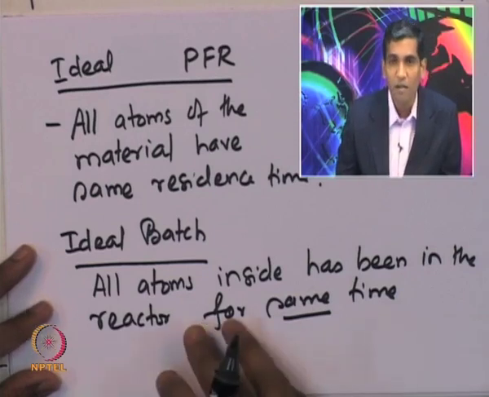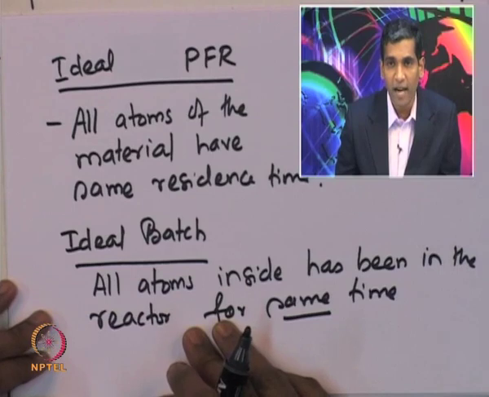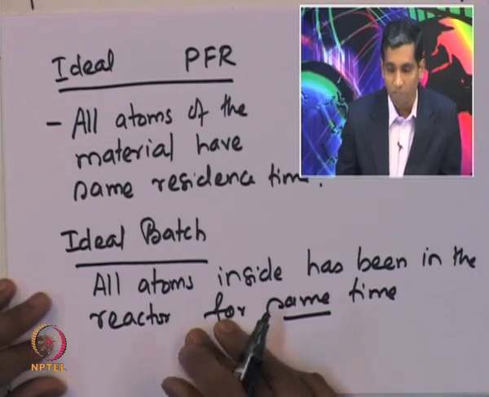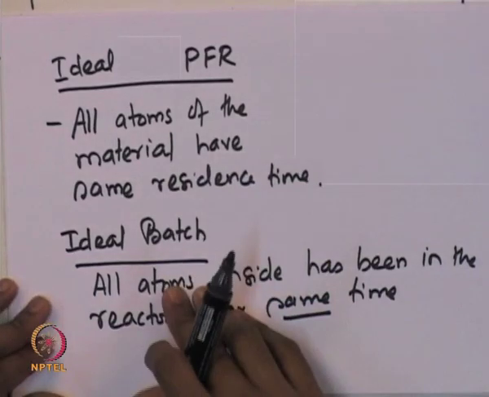The time spent by these atoms inside the reactor is called the residence time, and both the ideal plug flow reactor and the ideal batch reactor have all the molecules inside with exactly the same residence time. So, there are only 2 classes of ideal reactors in which the residence time can be the same: the ideal plug flow and the ideal batch reactors.